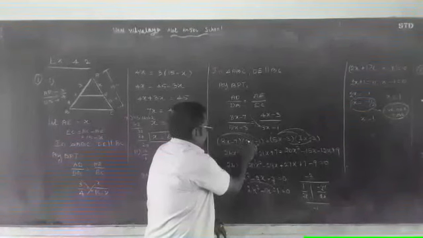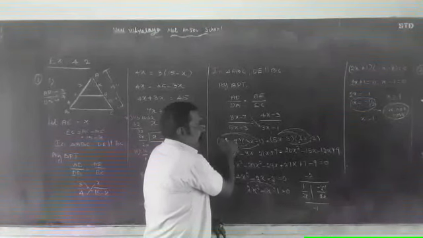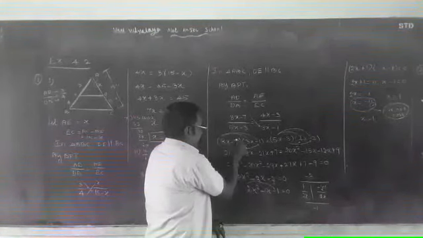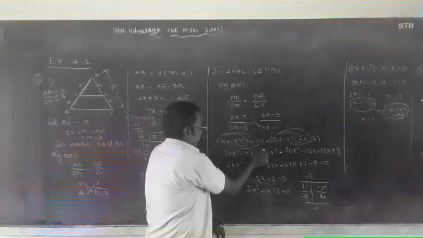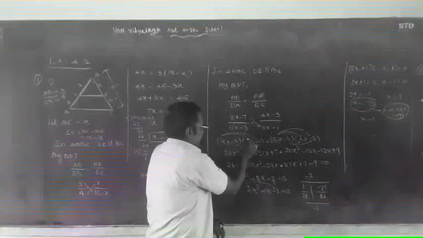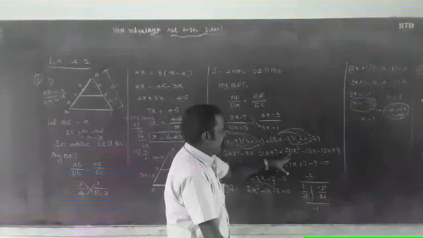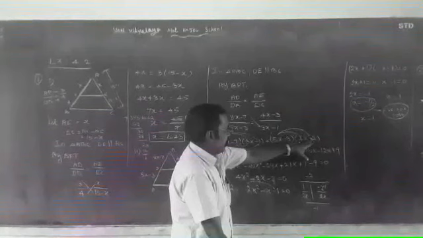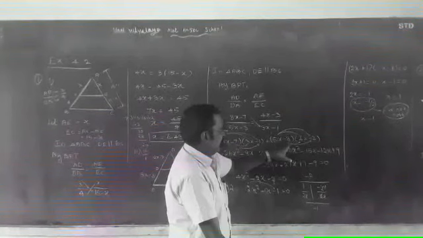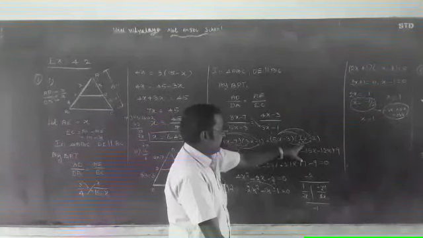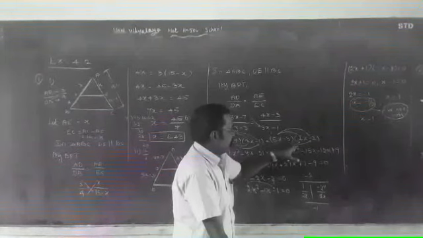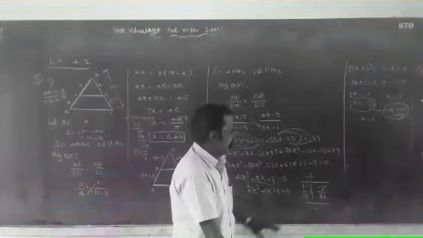So 8 3s are 24x square minus 8x minus 21x, minus into minus plus 7, equals 5 4s are 20x square, plus into minus 5 3s are 15x, minus 3 4s are 12x, minus into minus plus 3 3s are 9.